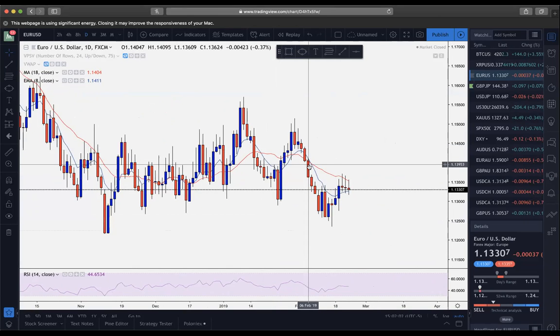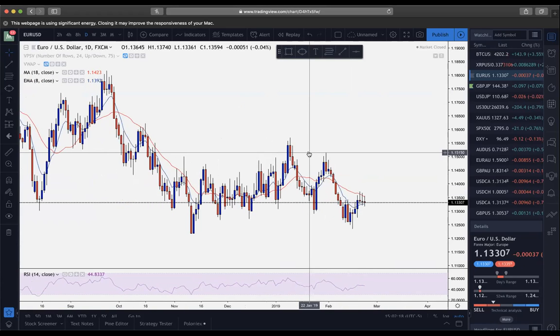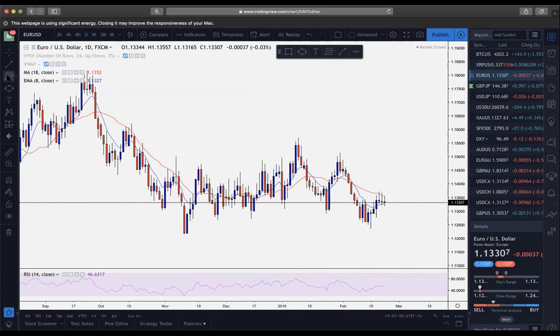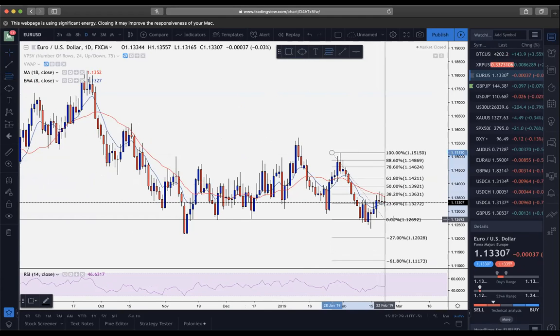So we have our MA crossed. MAs are crossed, going down. The MAs are being wicked off of, but they are getting closer together. So with this, we can do a fib again.